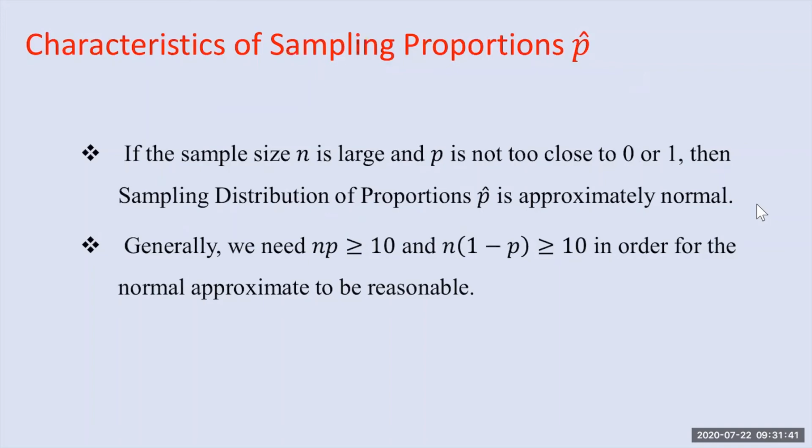But in general, we already know from the central limit theorem that for the sampling distribution to be normal, n times p must be greater than 10, and n times q, because 1 minus p is q, must also be greater than 10. If these two conditions are true, then we know that the sampling distribution is normal. This is something that we already know from the central limit theorem.